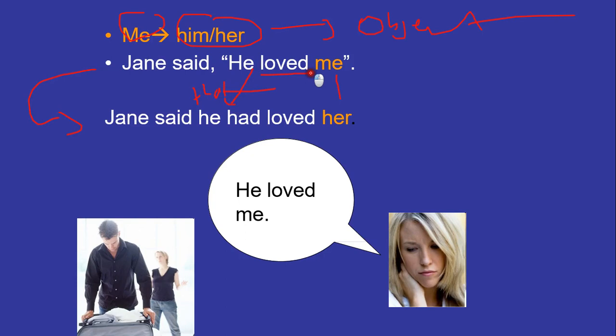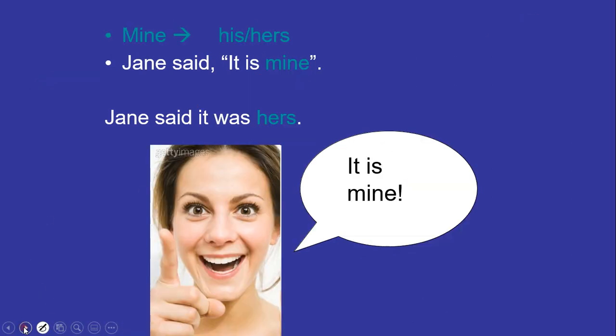This is past tense. Remember the rules: if the direct speech is in the past tense, you have to change it into the past perfect tense. So remember, there is a changing. Any question? No? Okay, let's go next.